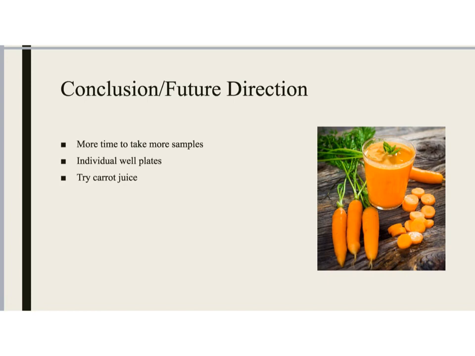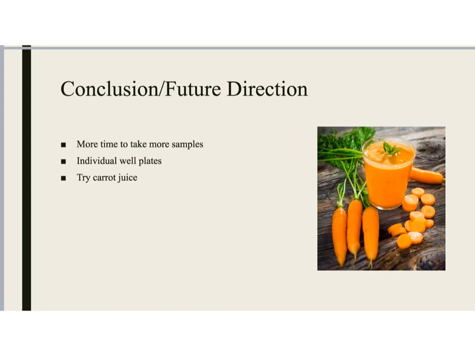This way I can test it at 12 hours, 24, 48, 72, and just keep looking at hopefully the same cell plate and cell vision to see what is going on with these cells when we give them carrot extract.